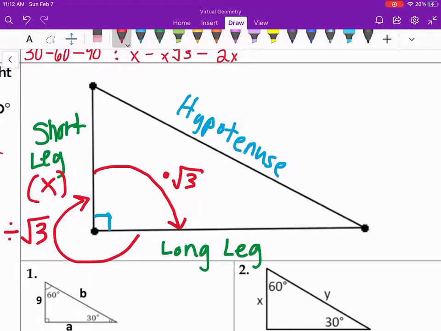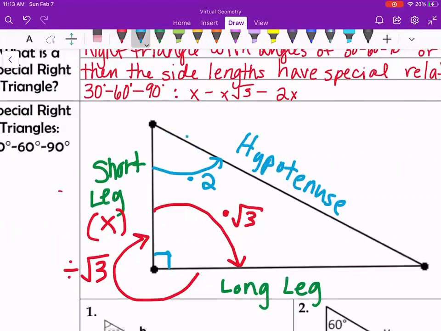Now, we also have a formula that gets us to the hypotenuse. Again, starting with the short leg, whatever our short leg is, we will multiply that by 2 to get to the hypotenuse. And then to get back, we will divide by 2.